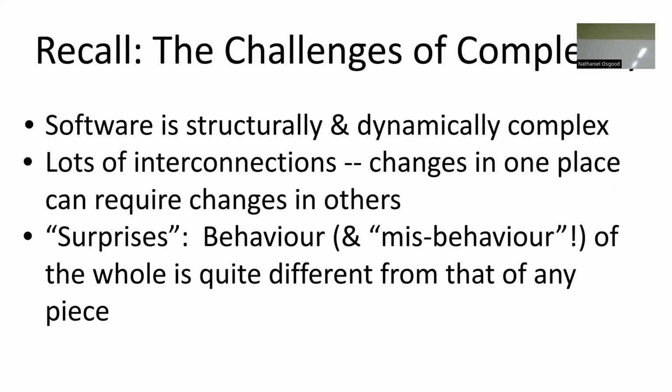So software is structurally, and while it runs dynamically, very complex. And there's lots of interconnections. And this is really important for understanding some of the principles we're going to be talking about today.